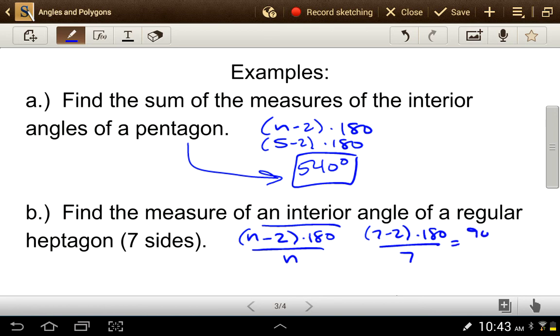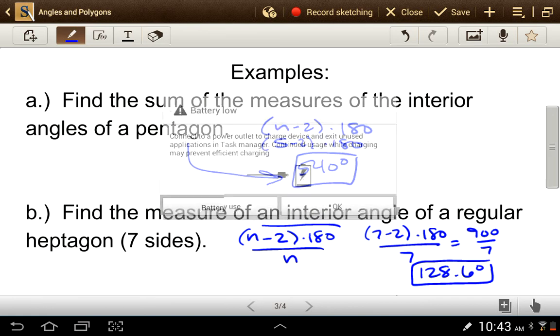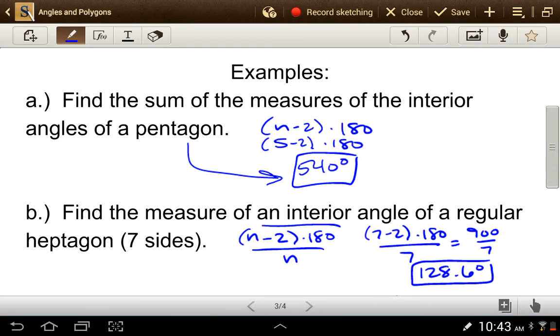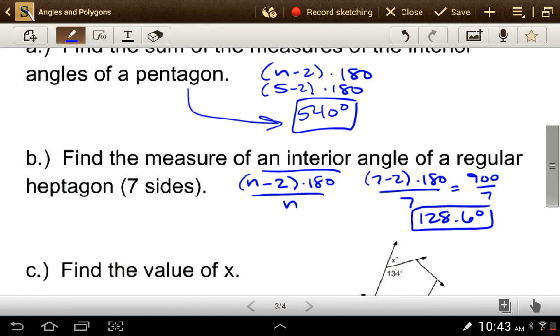And 900 divided by 7 is, and I'm going to round this to the nearest tenth, 128.6 degrees. So if you wanted to make a regular heptagon, you'd have to make each interior angle 128.6 degrees.